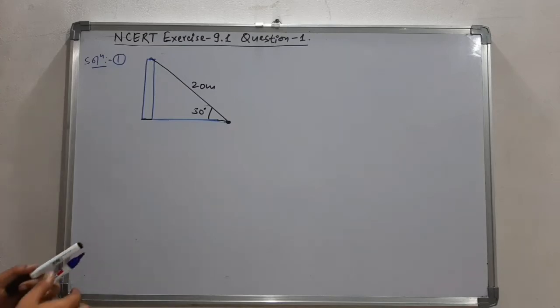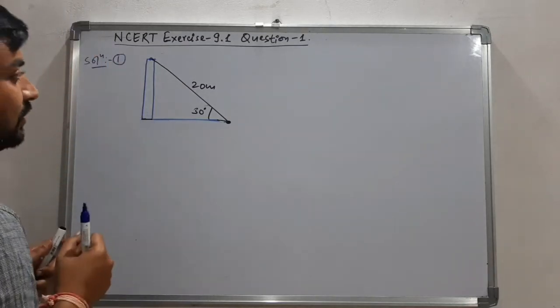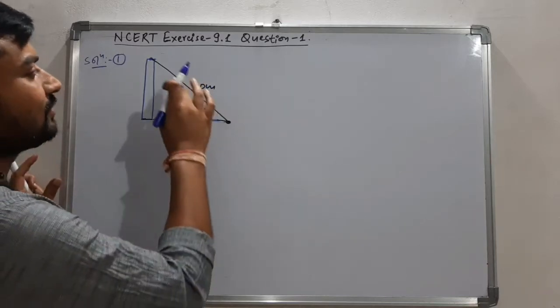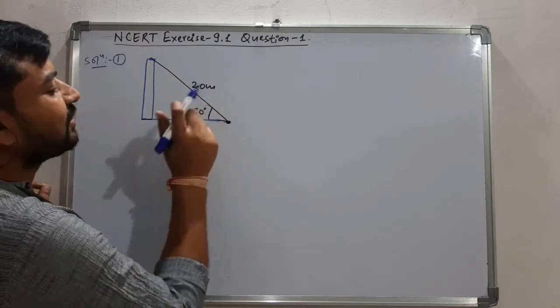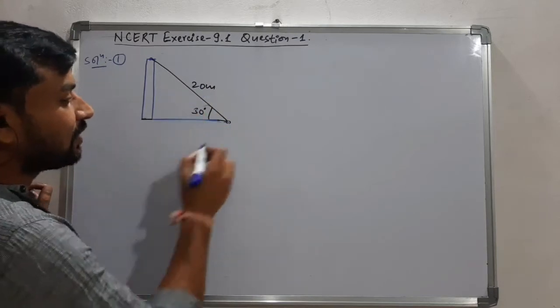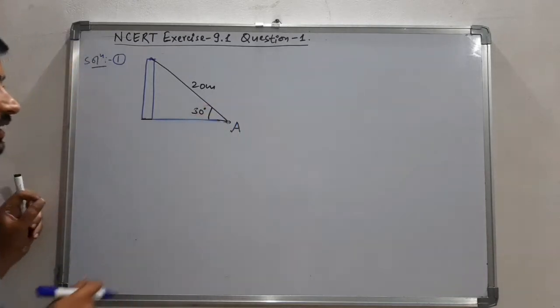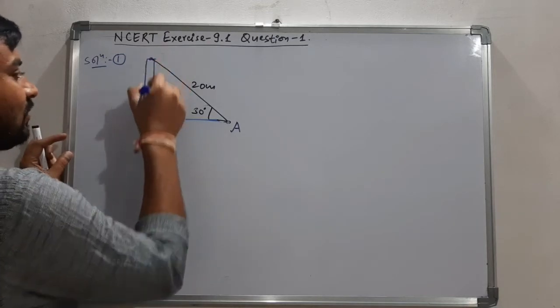So here in this question, the first question of your exercise 9.1, the circus artist is climbing a rope which is 20 meters in length, and it is tightly stretched and tied at a point on the ground. Suppose this is the point A where the rope is attached to the ground. Now this is the tower.